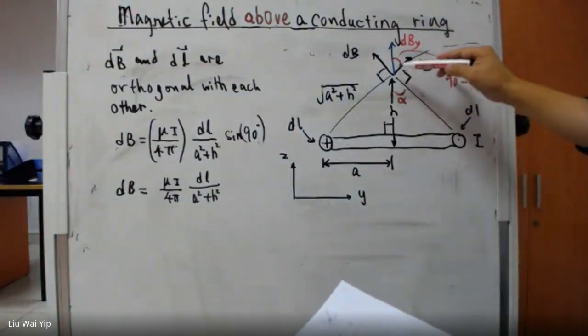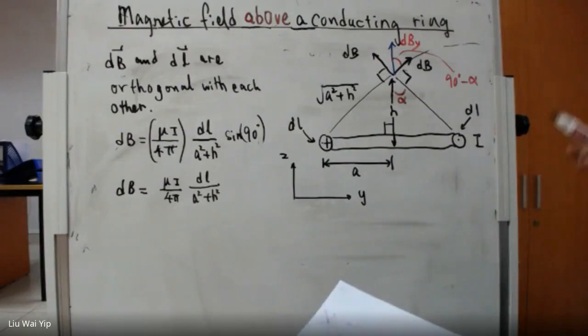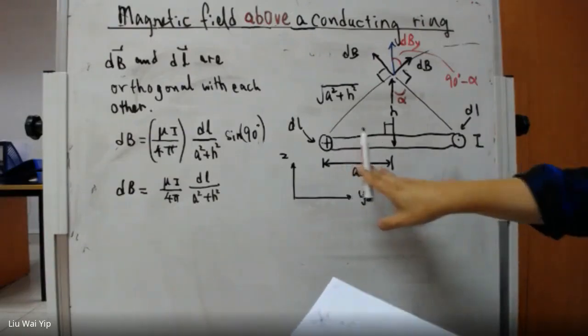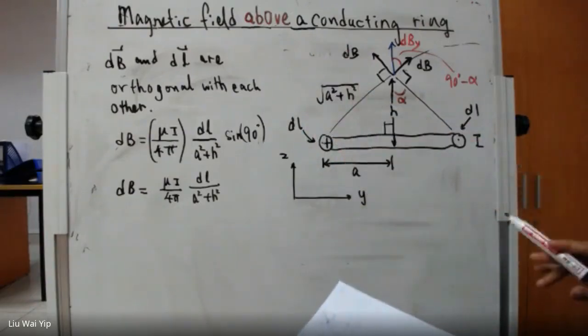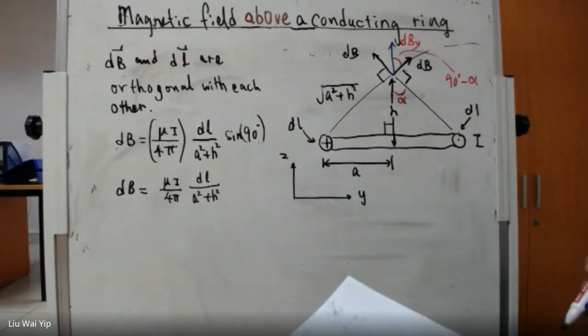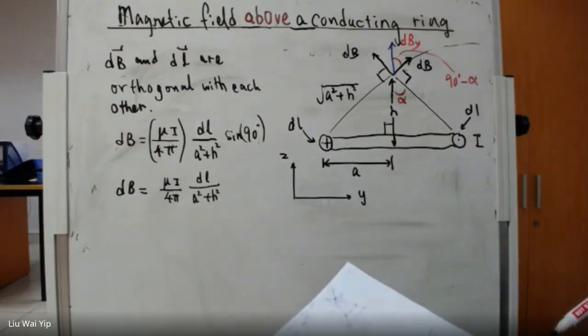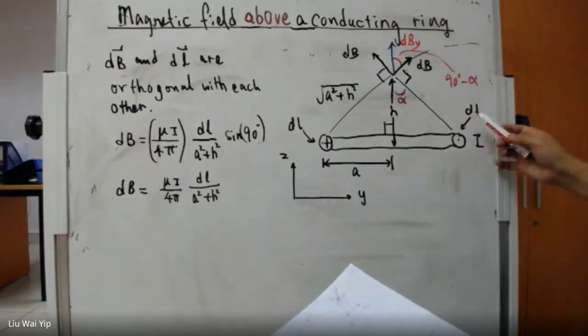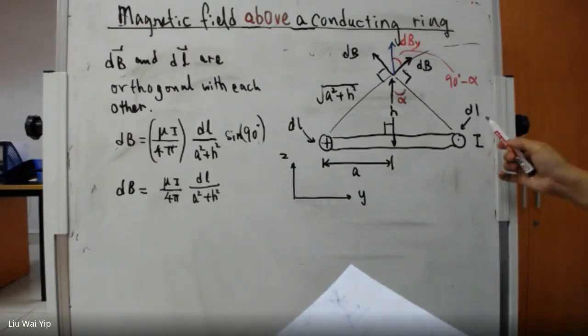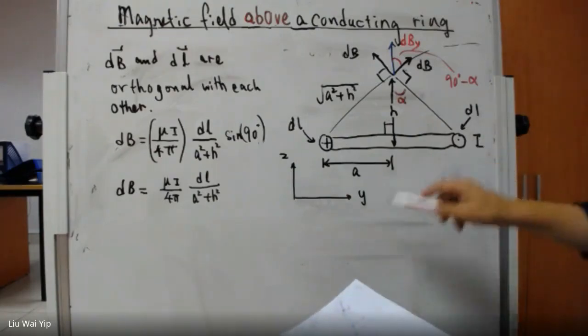H is the height of this observation point. It's not going to change. A is the radius of this metal ring. It's not going to change. So what is changing is L, the length measured along the circumference.